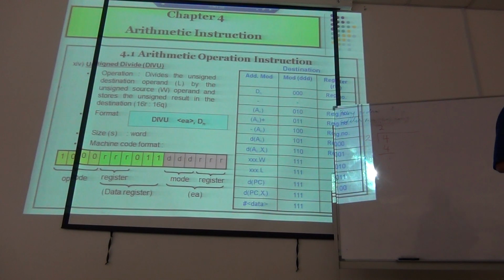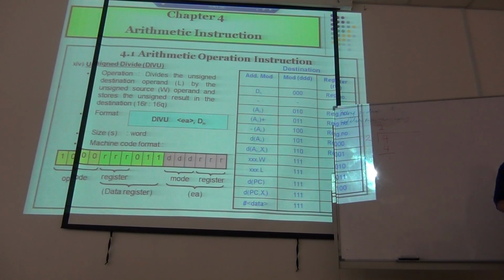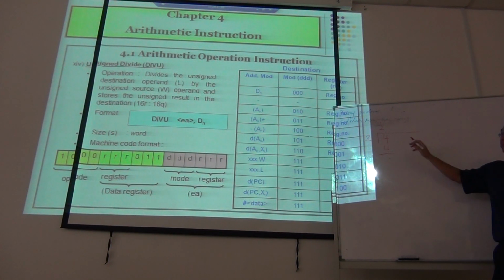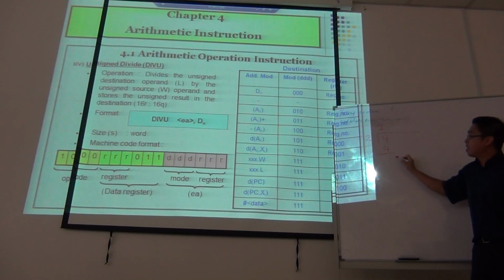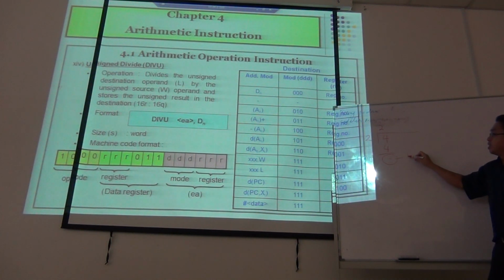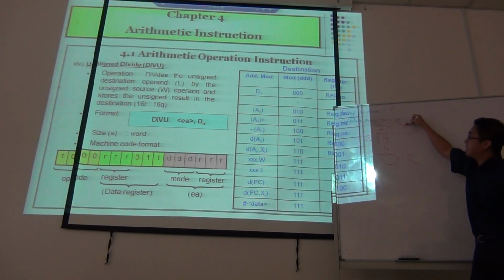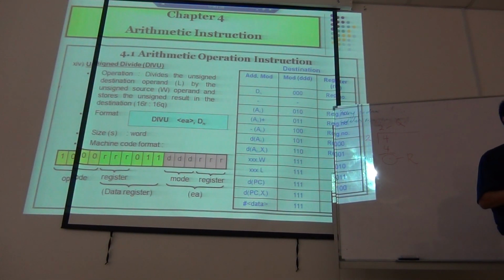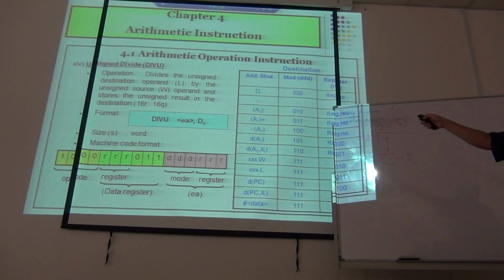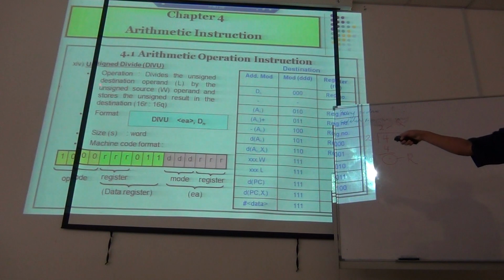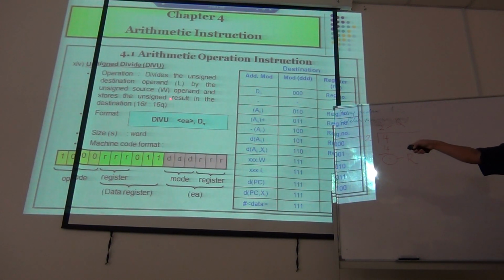I remember that day, a lot of this I did not know. Alright, so this is your remainder, this is your R, and this is what is called the quotient. So the first 4 digits will be the remainder, the last 4 digits will be the quotient over here.